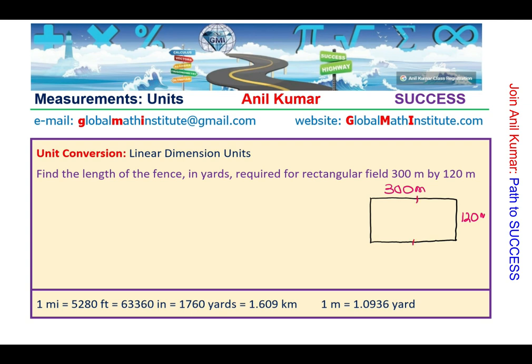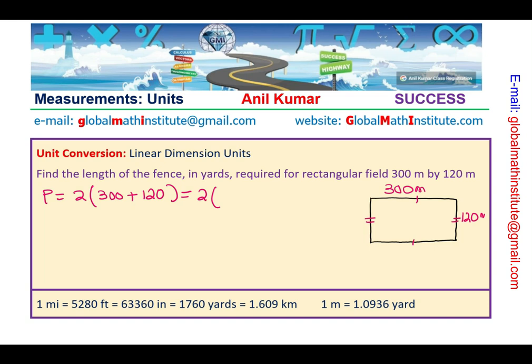Rectangular field means opposite sides are equal. And definitely the perimeter is the sum of all these sides. So 2 times we'll add length and width, right? So we'll add 300 and 120. So we get 2 times 420, which is equal to 840 meters.